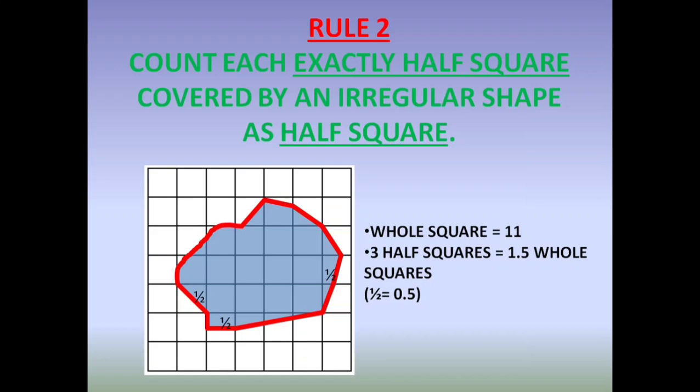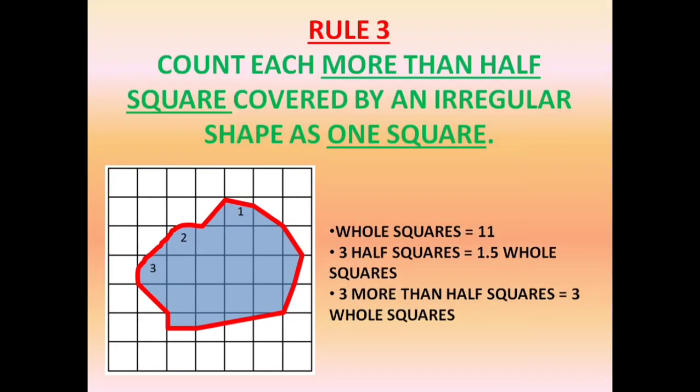So let's move to rule number 3. Count each more than half square covered by an irregular shape as one square only. Look at these three parts of the figure, everyone. Here I have written 1. Just observe the part which is within this irregular shape.